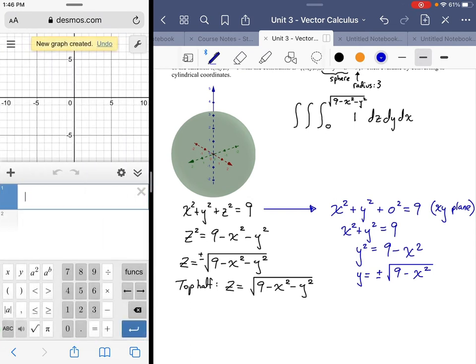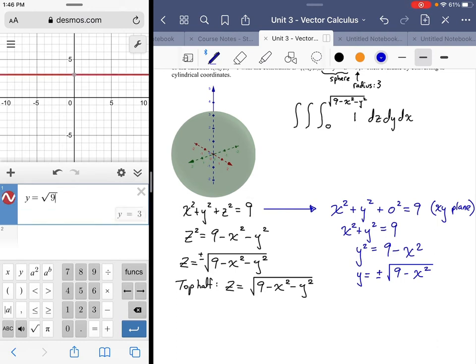If I plot the circle, x squared plus y squared equals 9, I'm going to get the whole shebang. But if I plot the square root of 9 minus x squared, I'm only going to get the top half of the circle.